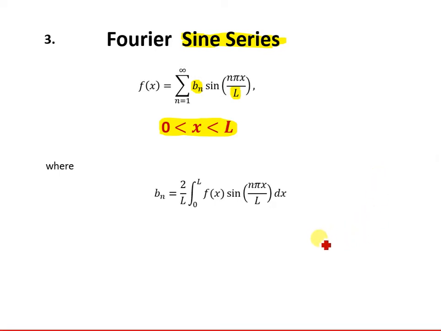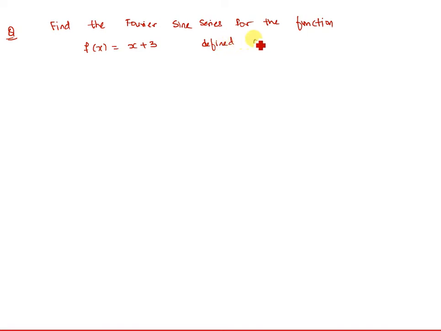So let's take an example. Suppose you have a question to find the Fourier sine series for the function f(x) equal to x plus 3 defined over, let me take an interval which is not involving pi, say 0 to 2.